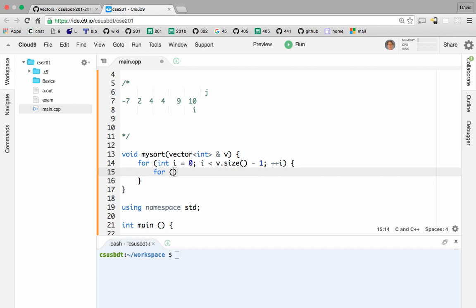So now what about the faster moving index j? Remember, the way we always did j was to set j to 1 past the position of i. So if i were in position 2, then we would set j to position 3. So we initialize j to i plus 1.